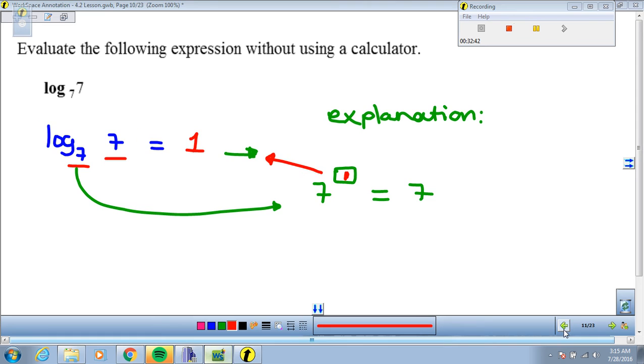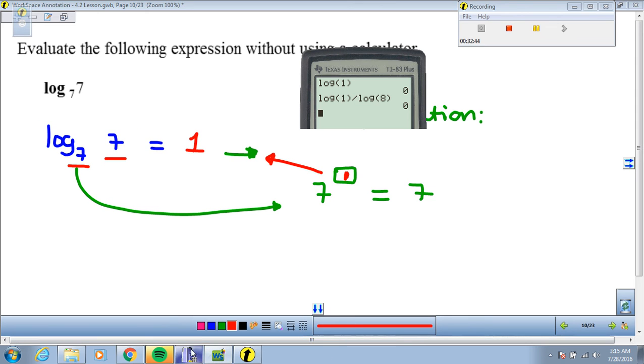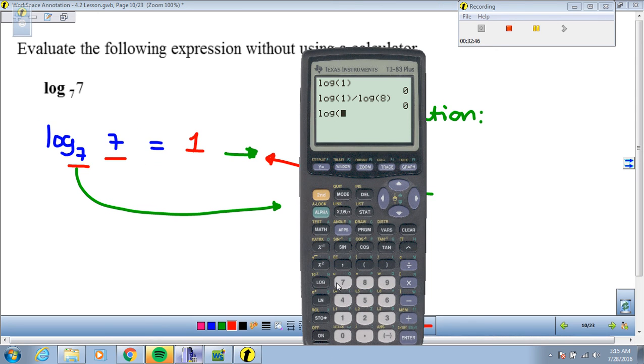For example, for this one, log of 7, the big 7 first, divided by log of the base. It's always the big number and then over the base. And see, it gives me 1. I don't know, if I put log of 7 only, it's going to give me a different answer. See, that's wrong.